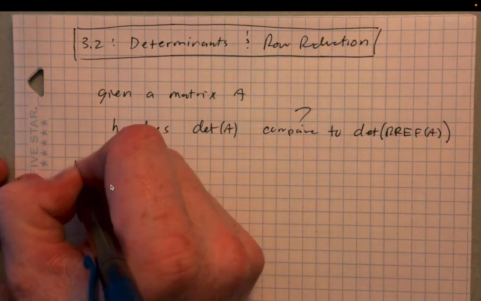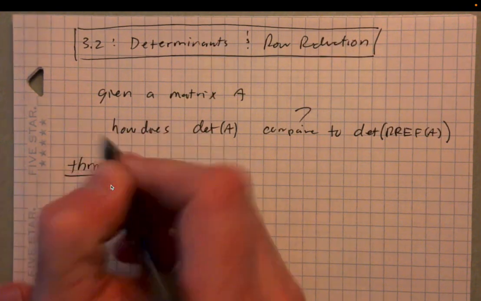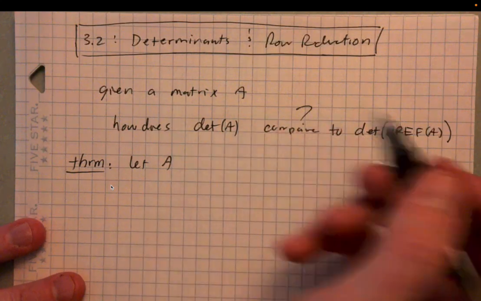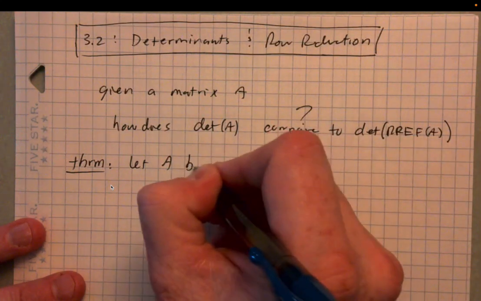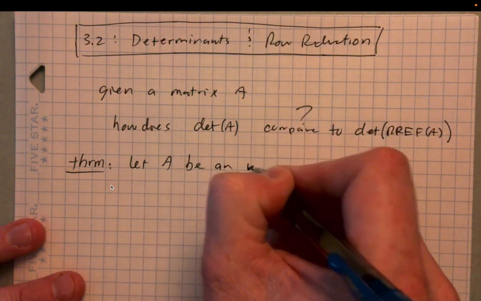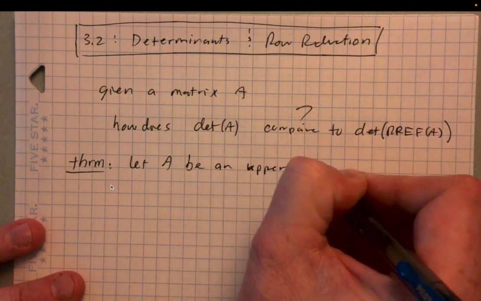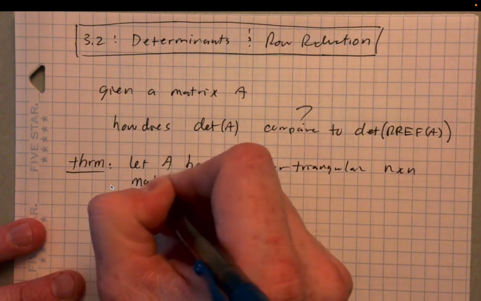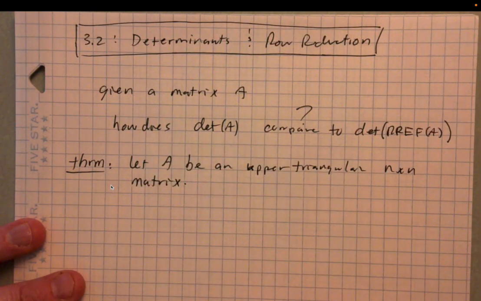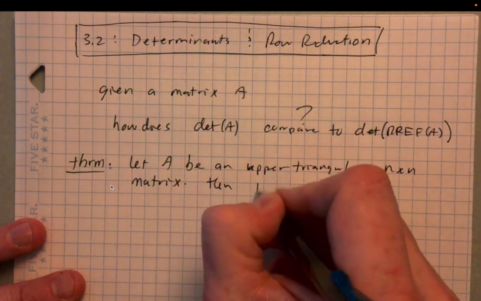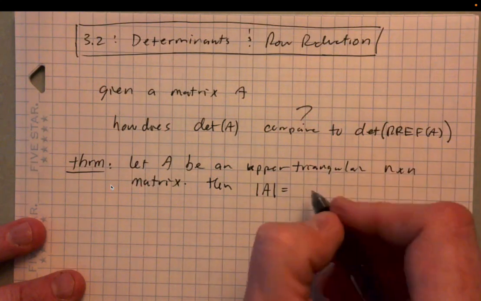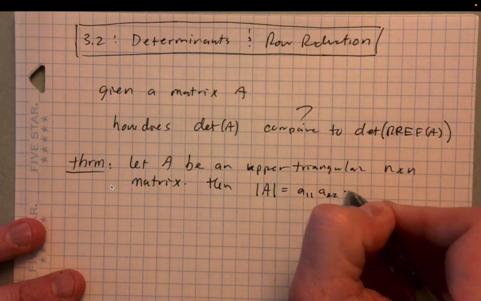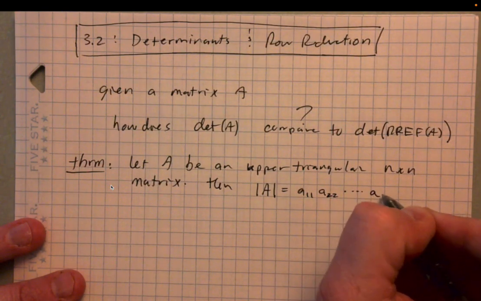Here's the first theorem that we'll need. Let A be an upper triangular n by n matrix. Then the determinant of A is equal to A11 times A22 times ... times Ann.